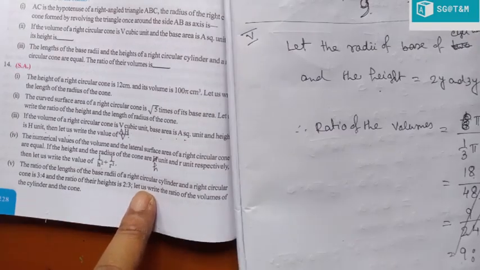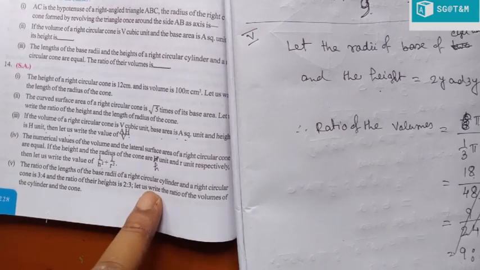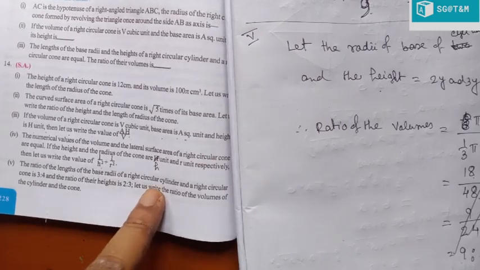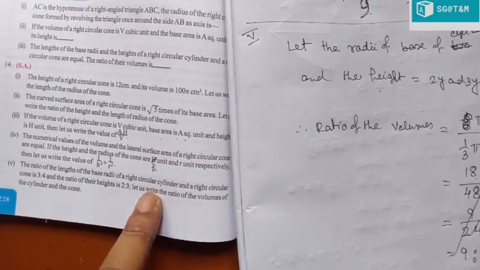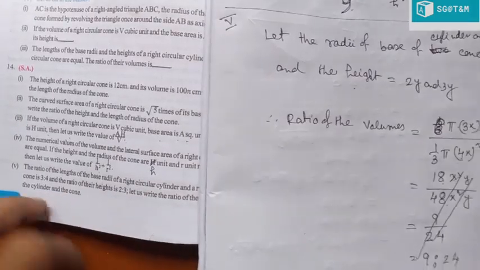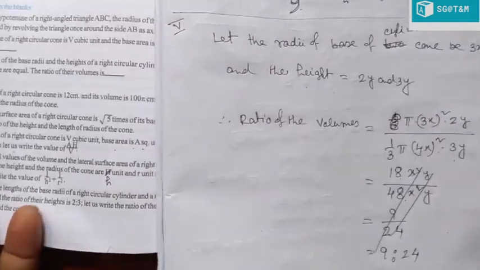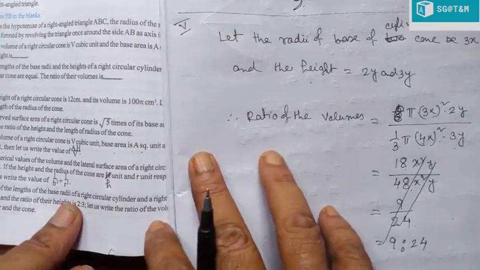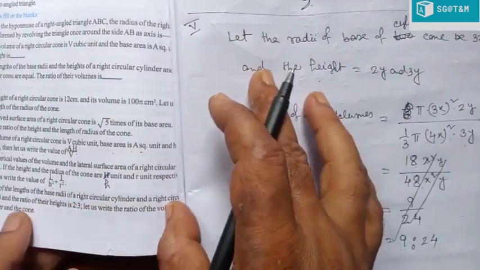So first we see these two: the right circular cylinder and the cone. The ratio of the length of the base radii is 3:4.